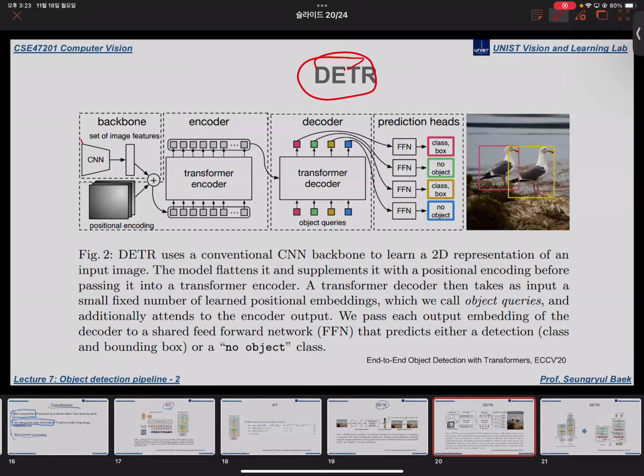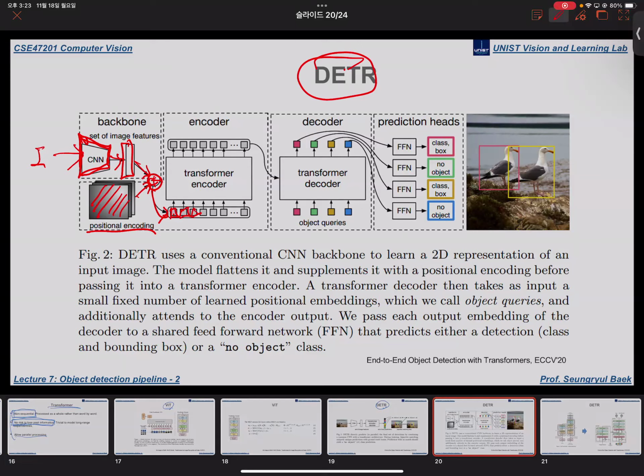Using the CNN, given image I, we first extract some features, and we add positional encoding, and by adding them we constitute each token of the transformer encoder.